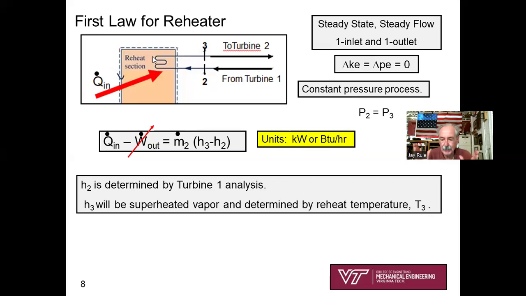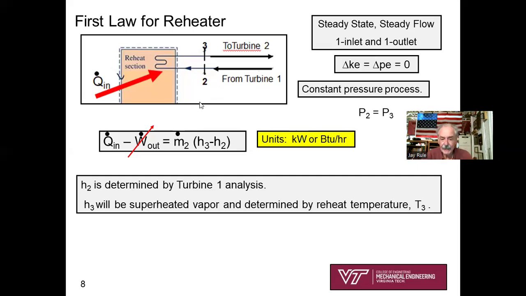No. Do we see a shaft coming out? No. So W dot out is going to be 0 for the first law. And Q dot in from 2 to 3, that's what we're looking for. That's simply going to be M dot 2 times (H3 minus H2). Good old first law: enthalpy out minus enthalpy in, times M dot. Units: kilowatts, or BTUs per hour. So that's the way you determine the heat added for the reheater only.